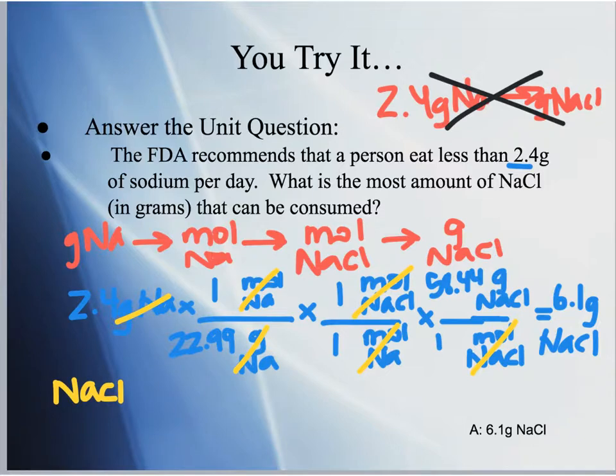So the FDA recommends a person eat less than 2.4 grams of sodium. So in order to kind of abide by that, you should have no more than 6.1 grams of sodium chloride. And if you want to know what that looks like, after the lecture, you can come on up. I have a little tray of exactly 6.1 grams of salt.